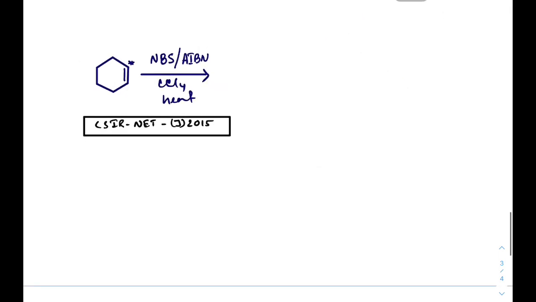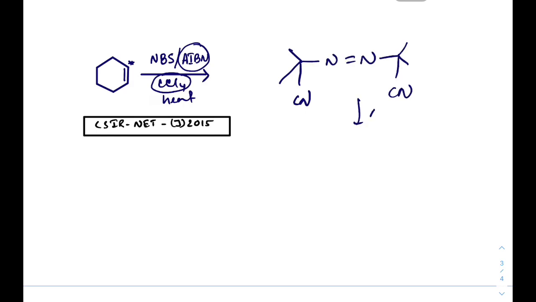Now our last example. This is also very conceptual. In the presence of AIBN, so this is AIBN. In the presence of heat, it generally forms this type of homolytic cleavage, and this radical activates the allylic hydrogen.